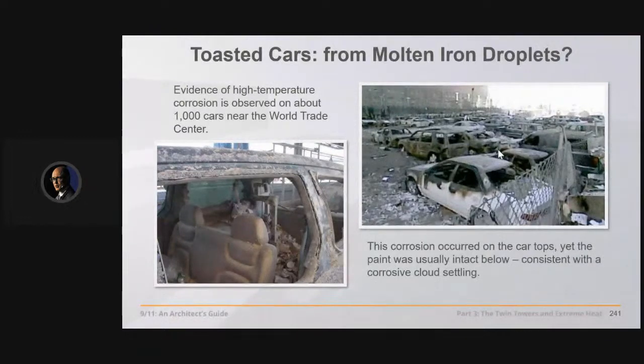Could this be what explains the toasting of the tops of these cars? Is there any other rational explanation for the toasting in this incredible high heat event known as the World Trade Center? Cooling, falling, liquid molten iron droplets.